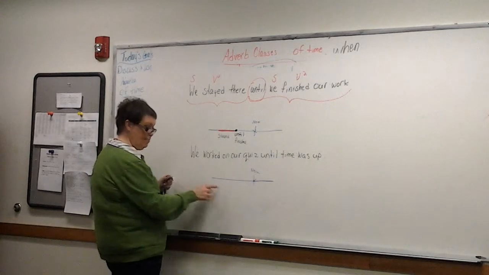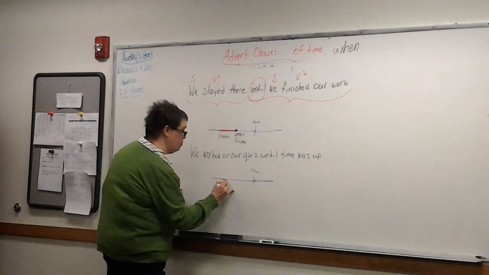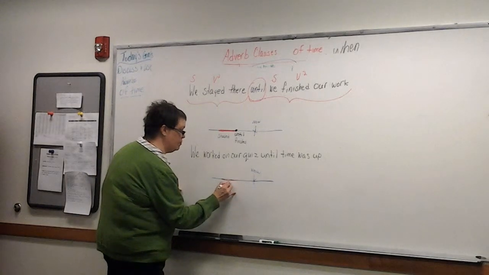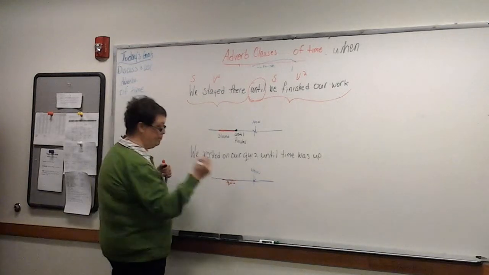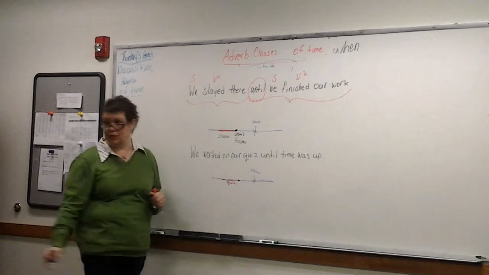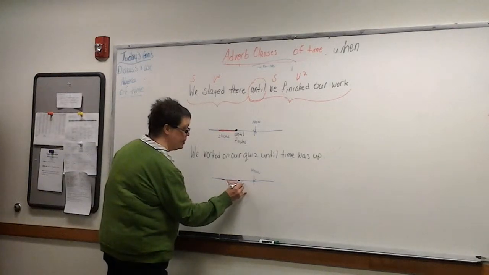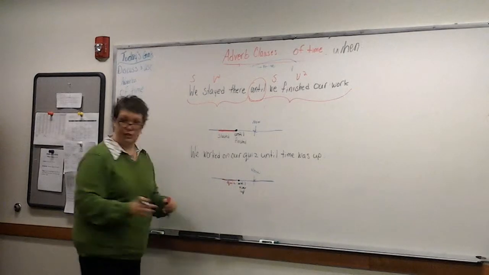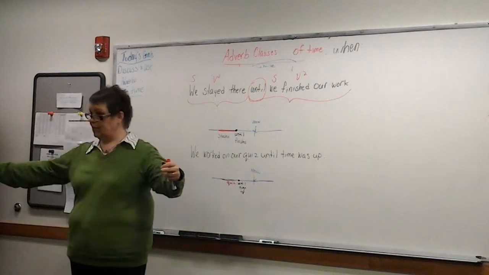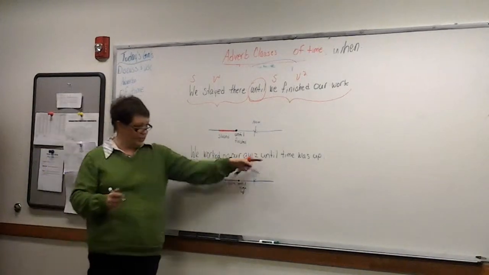During this time, we're working on that quiz, aren't we? And then, dun dun dun dun, time is up. Bzzz, put down the pencils. Until happens here, time up. So you have an activity taking place, and then it ends, and that's what until does for us.